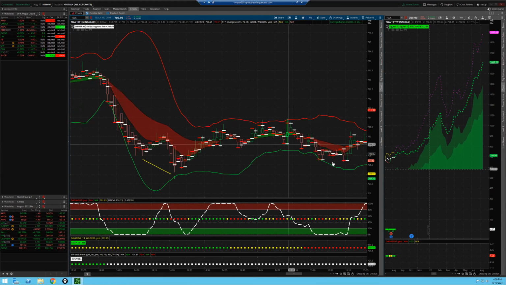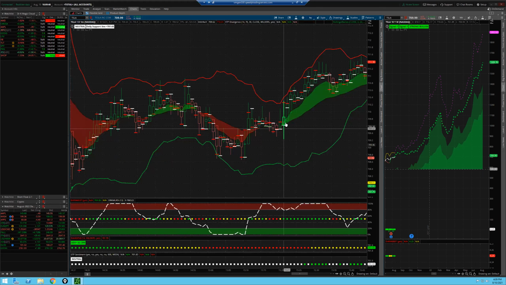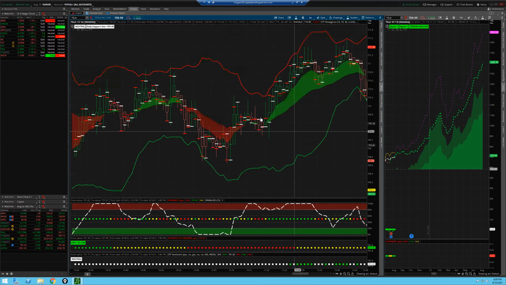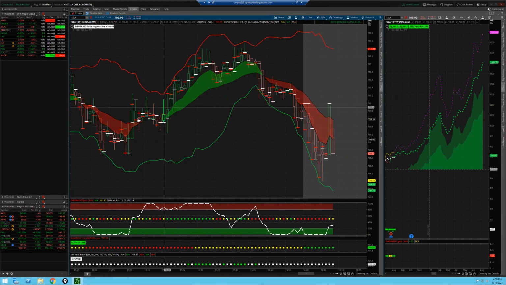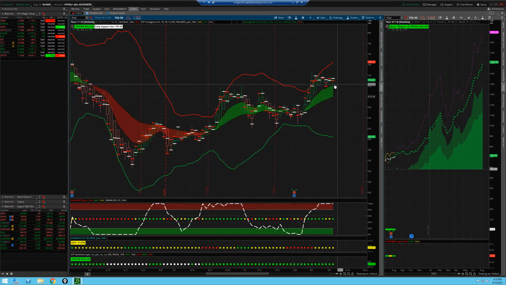Then you're consolidating. Then it closes above the green. Then you're out. So if you like those shorter time frames, it really helps you with that trend direction. Big picture on Tesla, right? We're in an uptrend based on my definition.